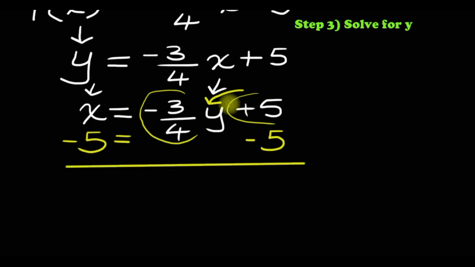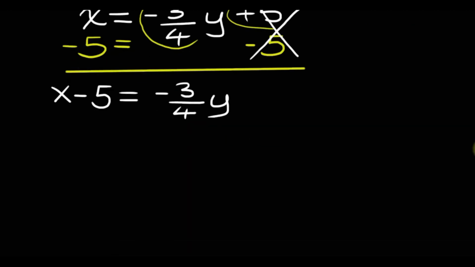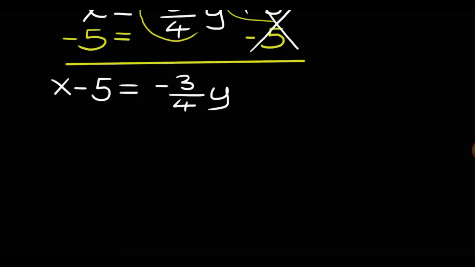Okay, so here positive 5 with negative 5 is 0 when you combine those two numbers. So this comes out to 0. And then we bring down the negative 3 over 4y. These two become x take away 5. Okay, we're still solving for y.